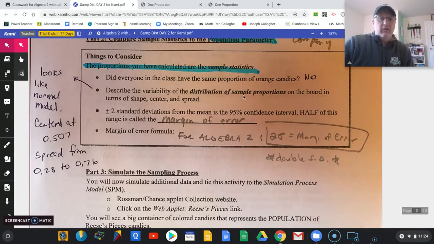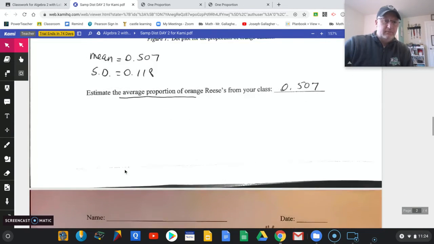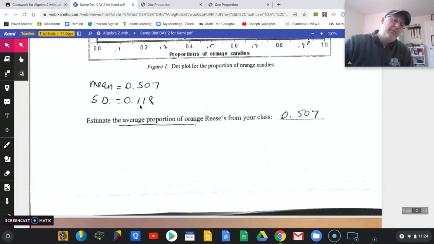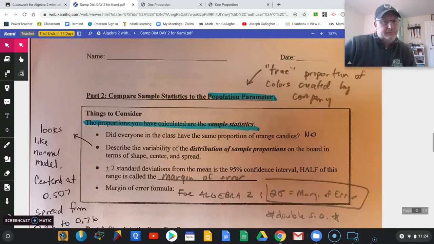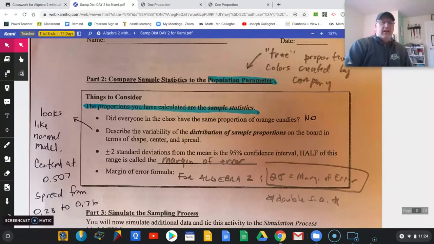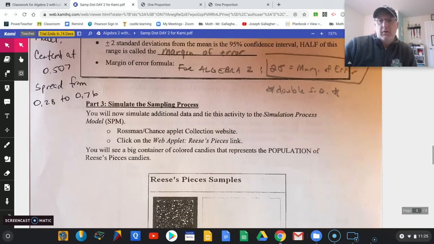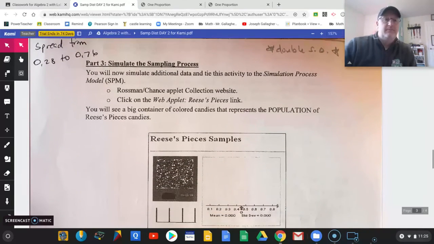That's our margin of error for a 95% confidence interval. So if I take 0.118, I get 0.236. That would be my margin of error. And especially with elections coming up, you probably see margin of error reported when you see polls done by Channel 2, Channel 4, Channel 7 News. That's some of the information we'll talk about in Algebra 2 next year as well.